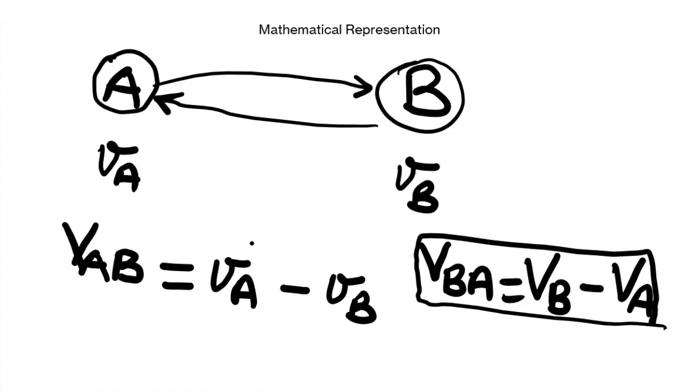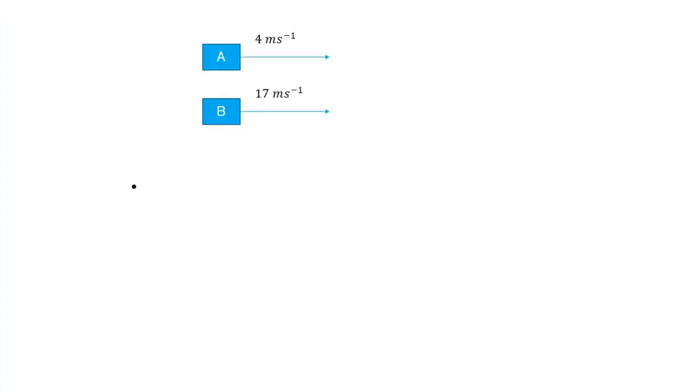So the cases that we are going to look at are cases like this one. Two bodies are moving in the same direction. A is moving towards the east and B is also moving towards the east. These are their velocities, 4 meters per second and 17 meters per second. Now let's put ourselves in A. If you are in car A, how will you be seeing car B moving?